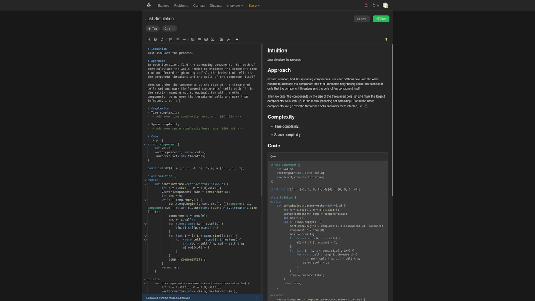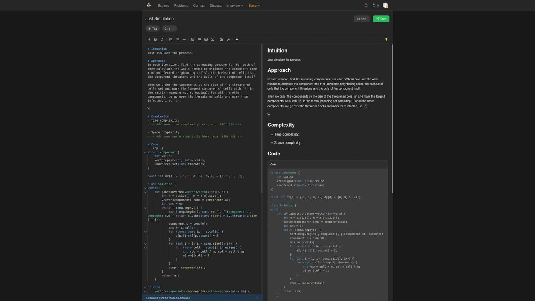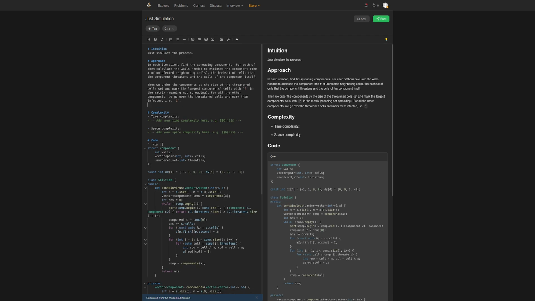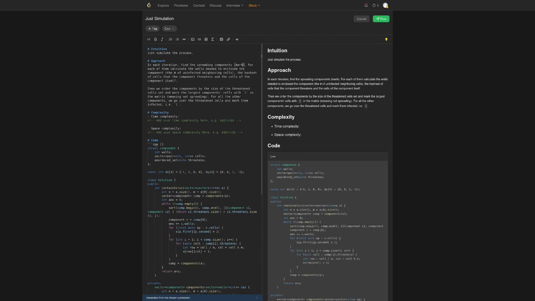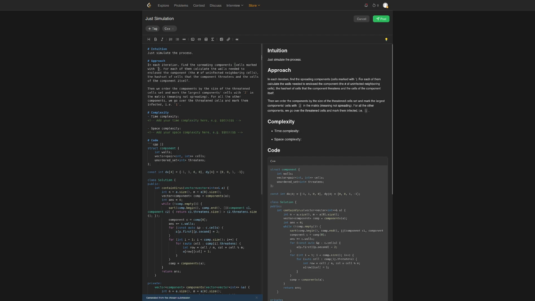That is 1. When calculating the components, just pick the spreading components, cells marked with 1. Okay.